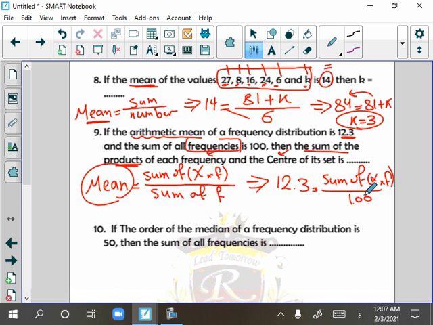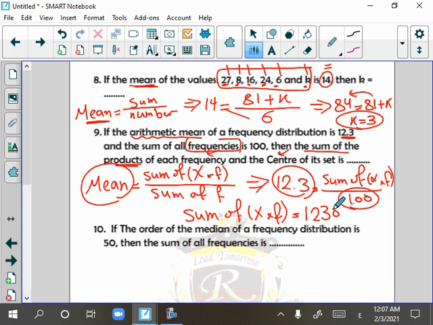We will make a cross multiplication, then the sum of x times f will be 100 times 12.3, which equals 1230.